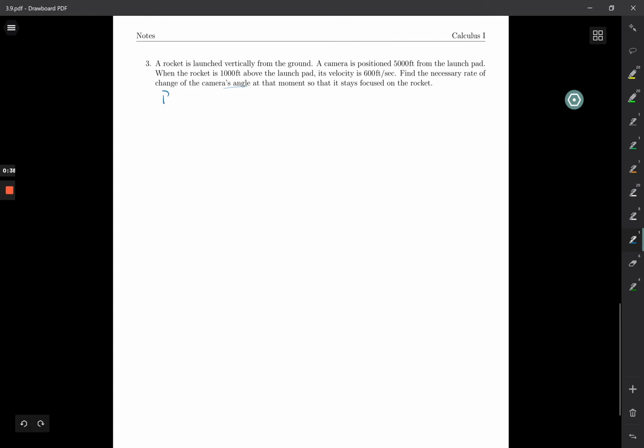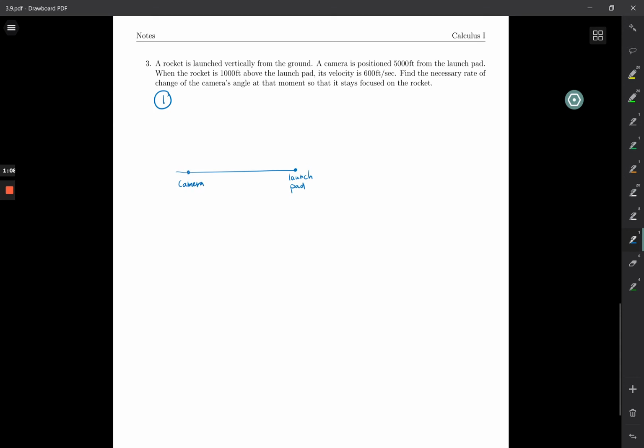So we want to draw a picture of this. And okay, so we'll have a rocket taking off. Let's say this is our launch pad. Right. And 5,000 feet away from that is a camera, right?